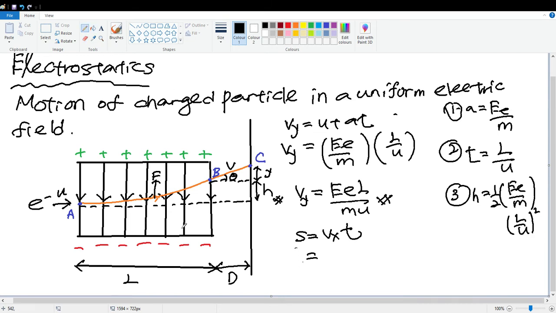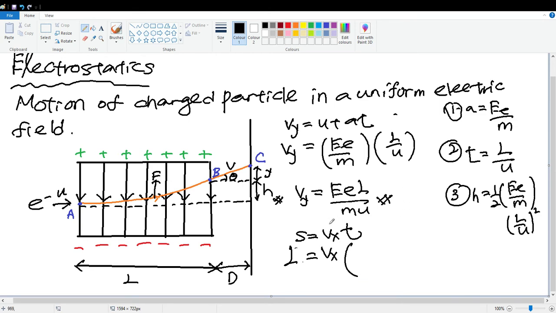So what will be my L here? My displacement is actually the L. So this is my Vx.